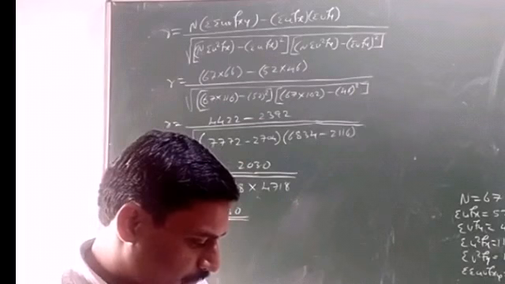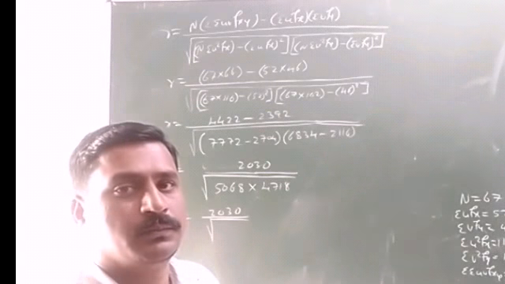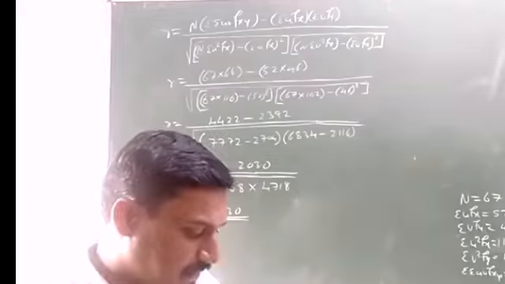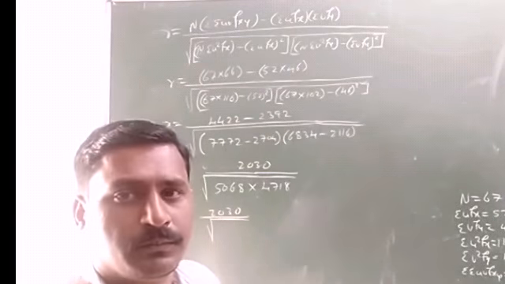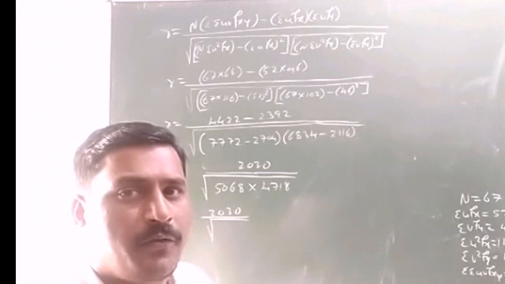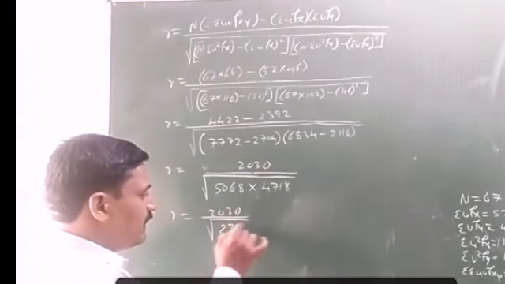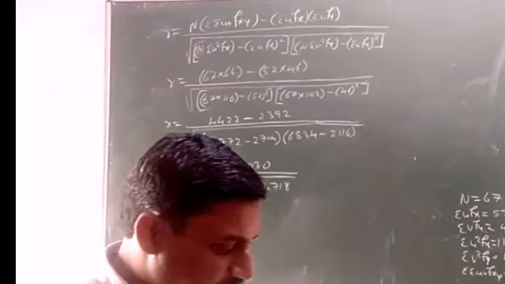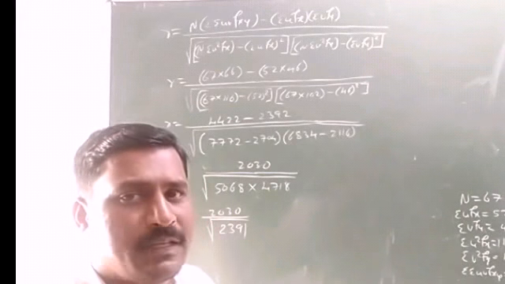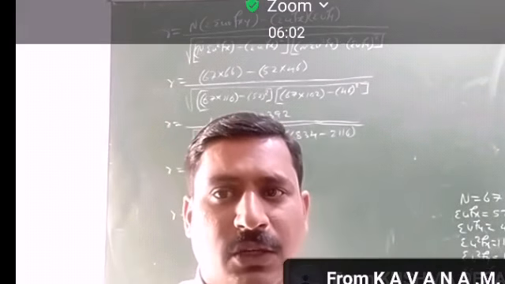How much is 5068 into 4718? It is 23910824.